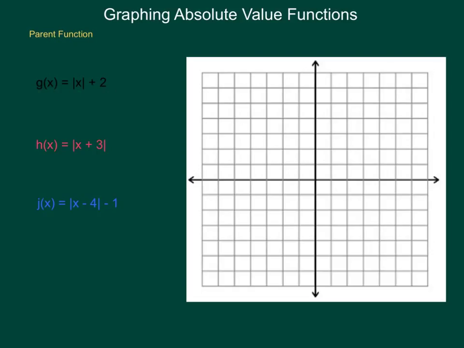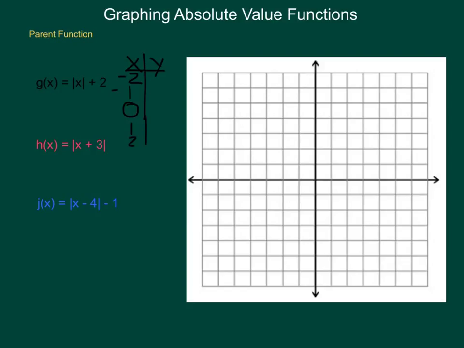Now we can build this with a table of values, x and y. First, what does it take to make the inside of the absolute value 0? That would simply be if x was 0. Then I'm going to pick 2 points on either side of it to help build my table.